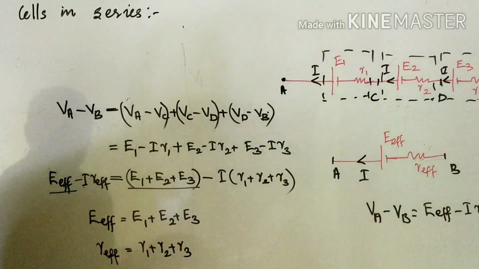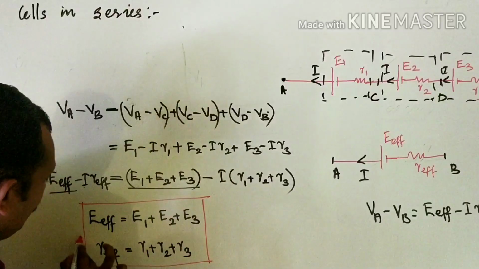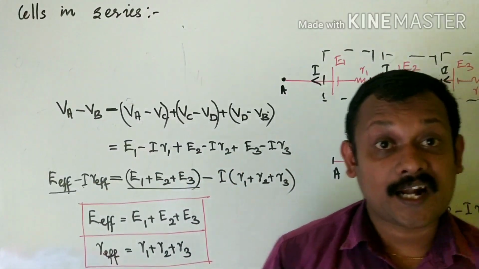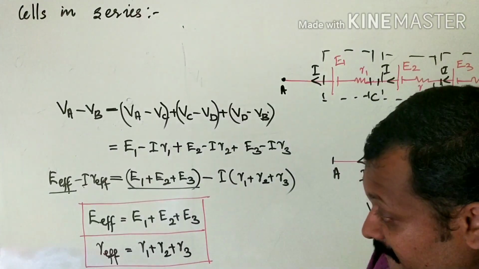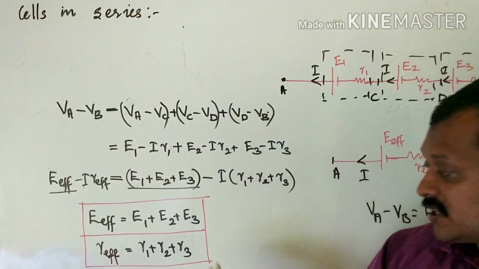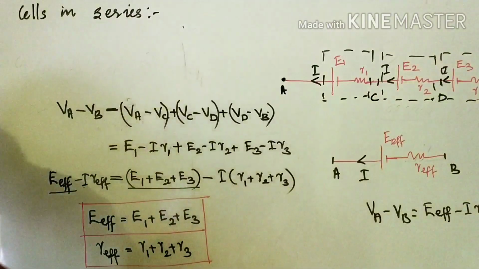So E effective is equal to E1 plus E2 plus E3, R effective is equal to R1 plus R2 plus R3. That means when cells are connected in series, the effective EMF is equal to the sum of the individual EMFs, and the effective internal resistance is equal to the sum of the internal resistances.